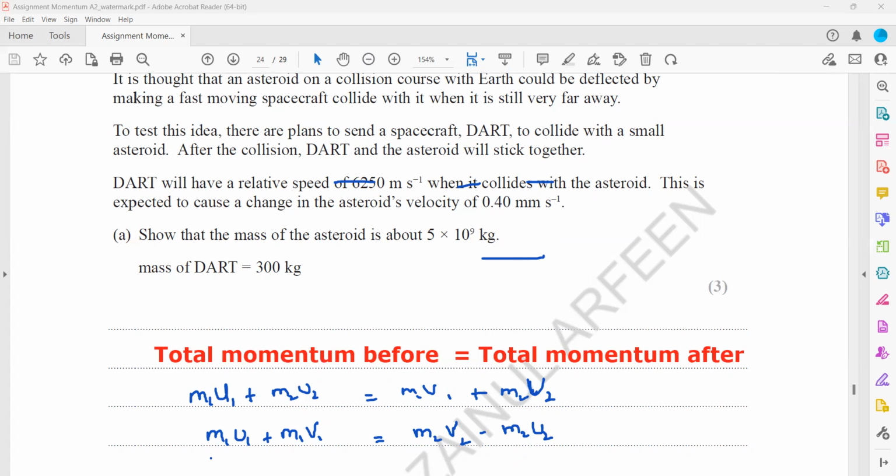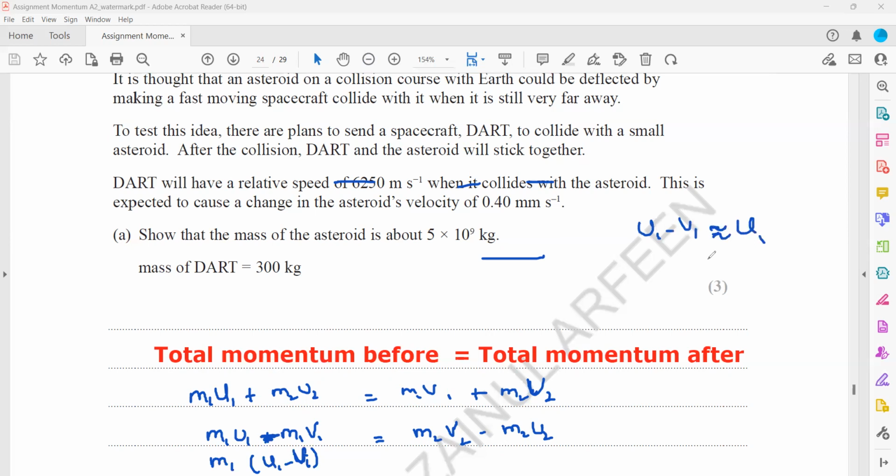That's why when we take a common m1, it will be u1 minus v1. We consider here u1 minus v1 is approximately equal to u1.